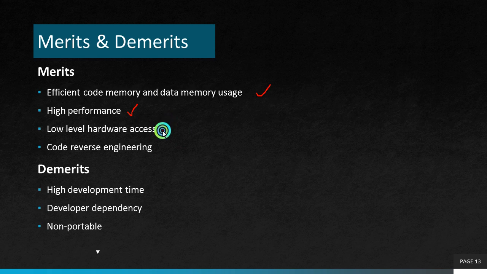Third merit is low-level hardware access. Since operations of low-level devices such as device drivers, kernels, etc. are not available with most of the high-level language cross-compilers, we can make use of assembly language programming for accessing low-level hardware devices. The fourth merit is code reverse engineering.